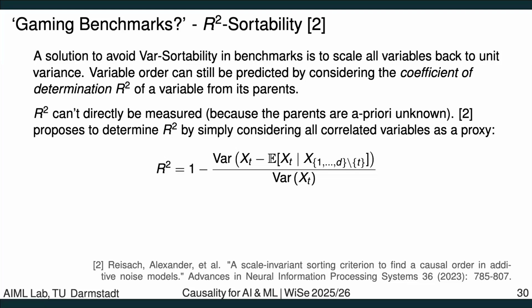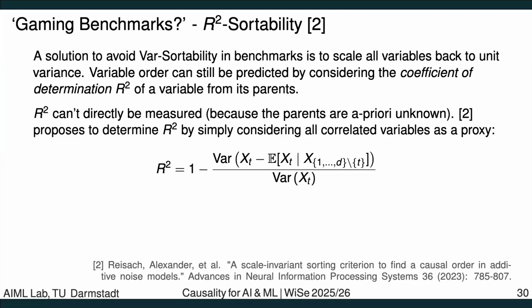If I would look at this, then we again get a causal order. And the problem, of course, is that's nice, but if we're doing causal discovery, we don't know which of these variables are the parents, because that's the task we are trying to figure out.